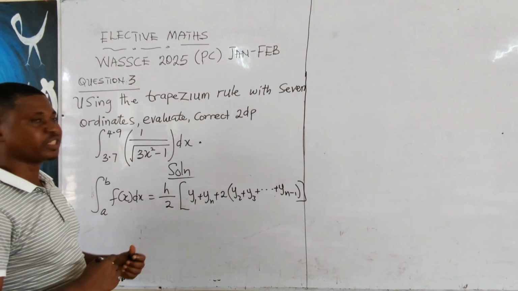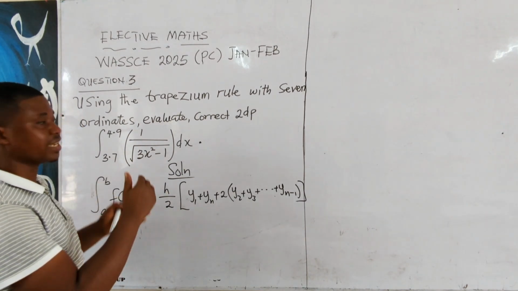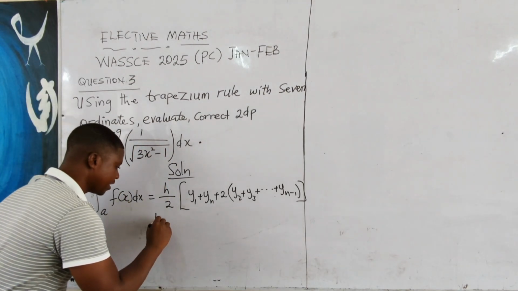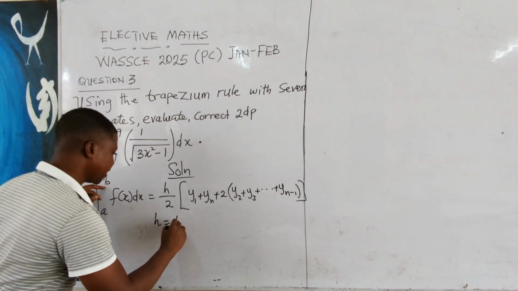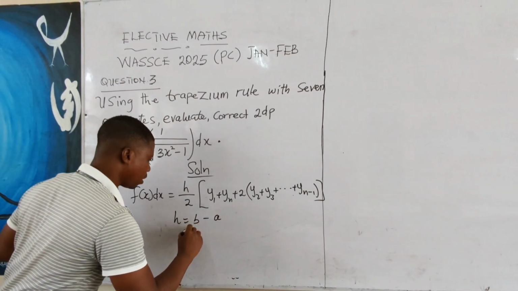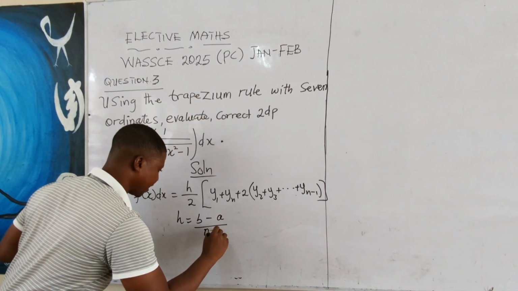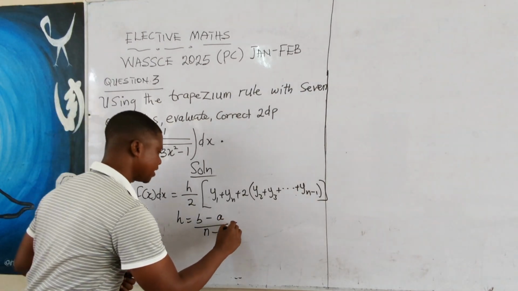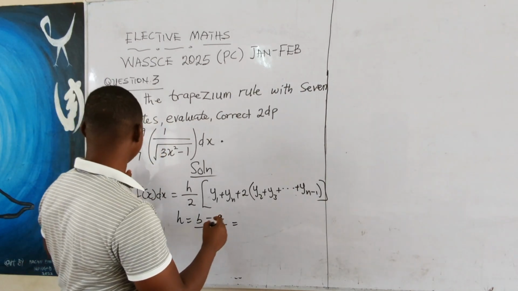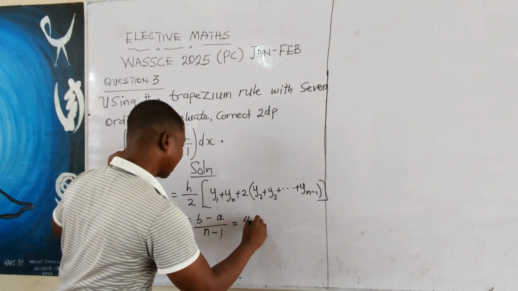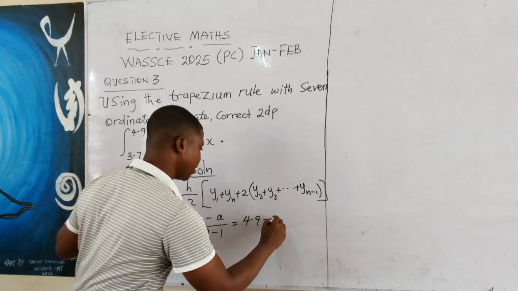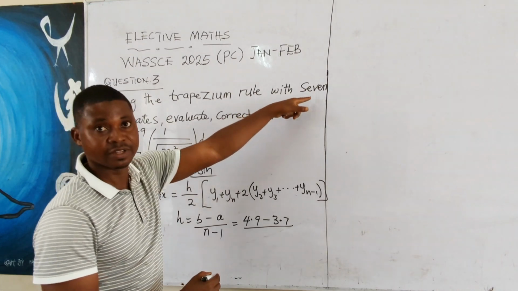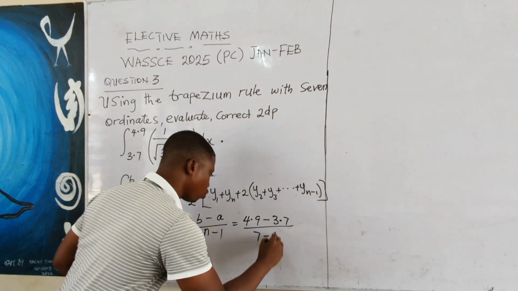But we need to get our h, because the h gives us the interval that will help us draw our table. Our h is equal to the upper limit minus the lower limit all over n minus 1, where n is the number of ordinates given. So we have 4.9 minus 3.7, and the number of ordinates given is 7, so 7 minus 1.